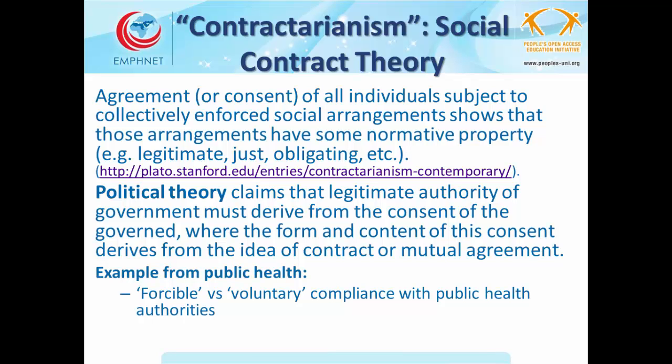And this is a challenge for many countries in our region, and to what extent this kind of ethical theory can come into place. According to this kind of contract between the governments and those who are being governed, i.e. the people or the community, we strike a balance between forcible acts and voluntary compliance with the public health authorities.